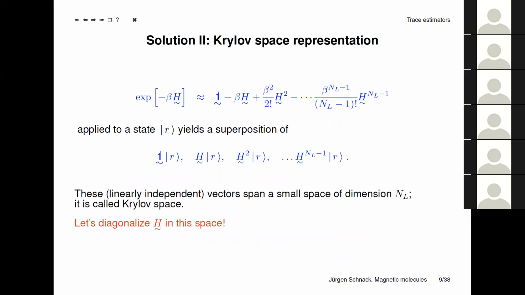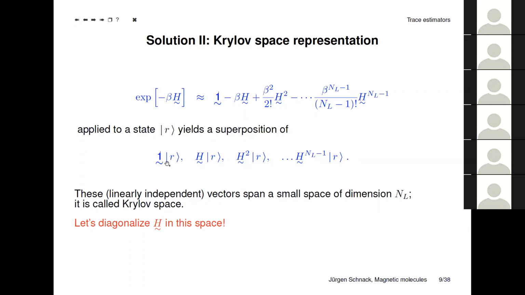But the operator that we have in the trace is this exponential of minus beta h, and this is a problem by itself. So we attack this by assuming we can develop this into a Taylor series that's given here, and we look at each term separately, how it acts on the random vector.